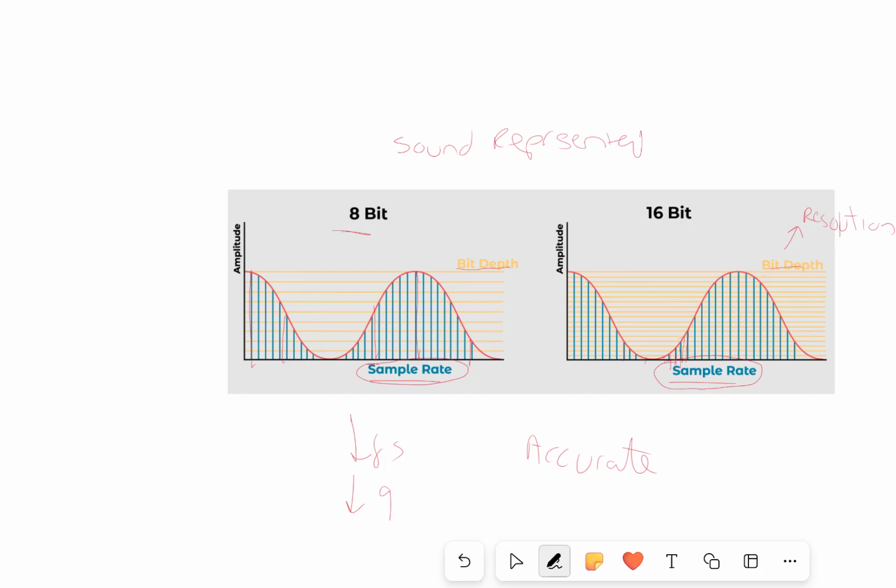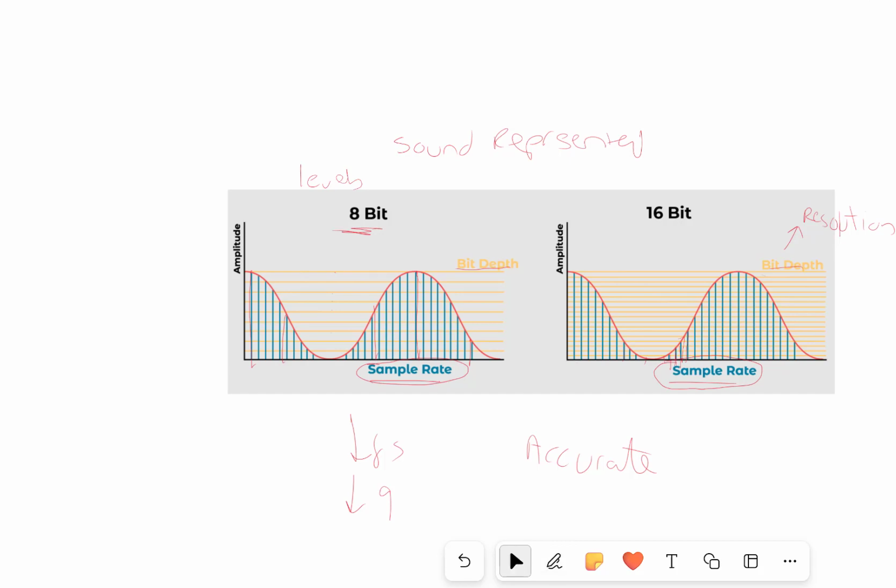In this 8-bit version, we can see that there are fewer lines, fewer levels. That basically means that sound can only be recorded at that level. That basically means that's going to be a lower quality of sound. We've got less options to record our sound on.